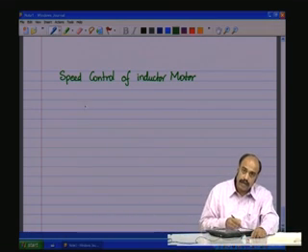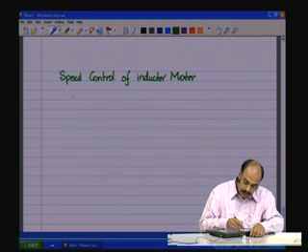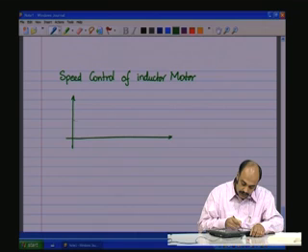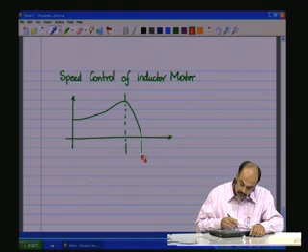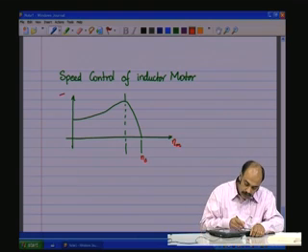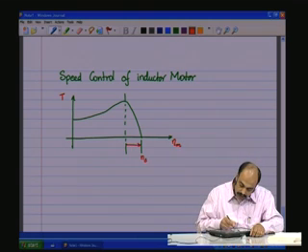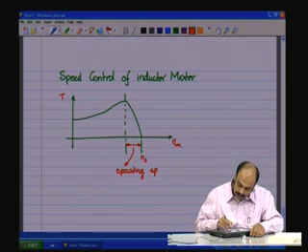But if we want a much greater range of speed, more than the operating range, this is the synchronous speed, Nm versus the torque, and this would be the operating speed range.